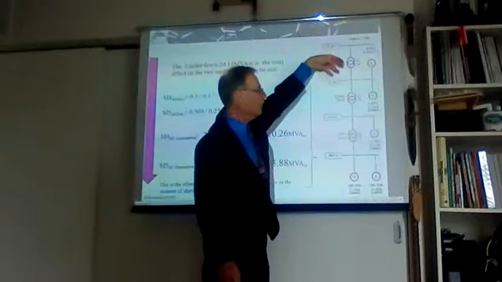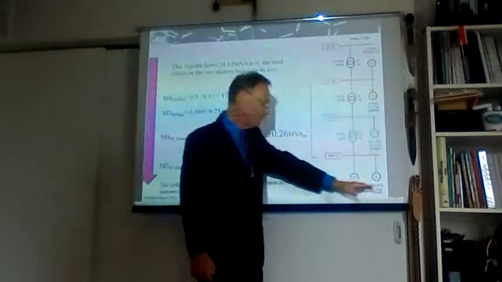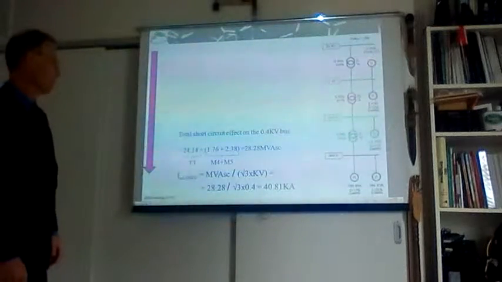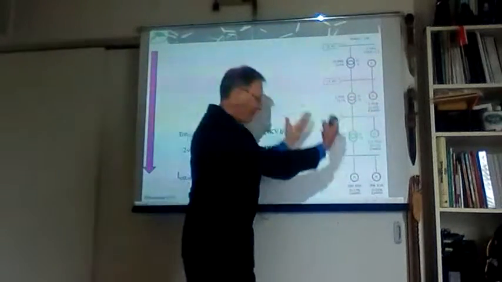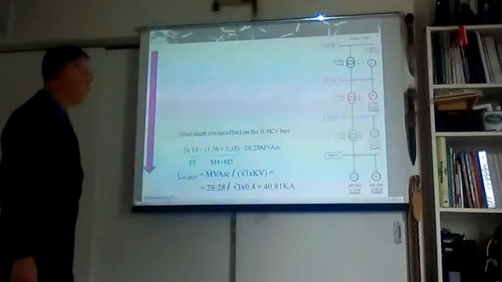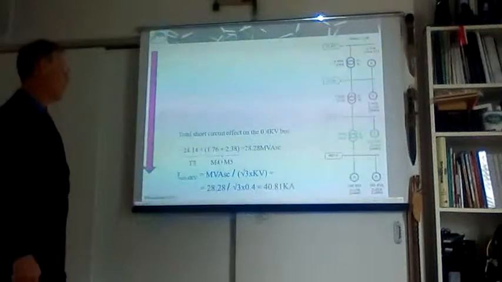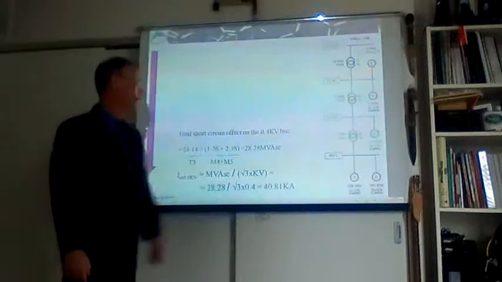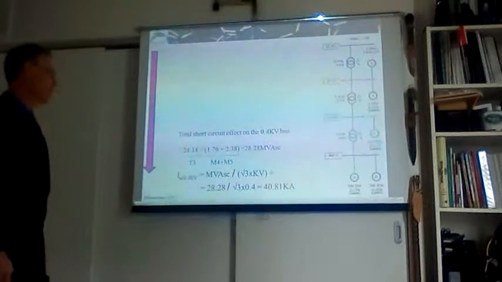Since we finished the calculation going down, down, down to that user level, we know the effect. It's hitting the bottom and coming back up. And that will be the total short circuit on the 400 volts bus.